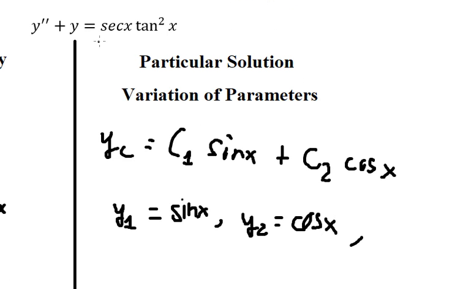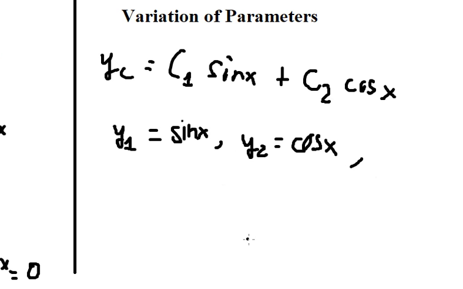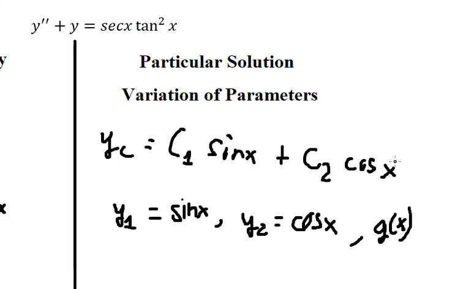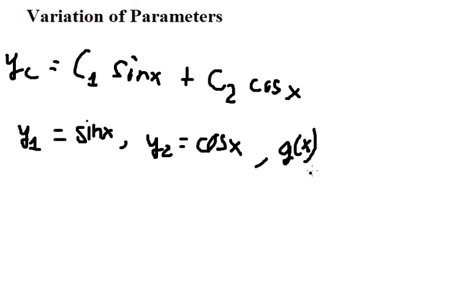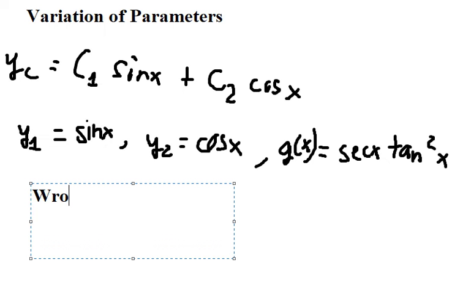And g of s, that is this one. The next one, we need to find the Wronskian of y1 and y2.